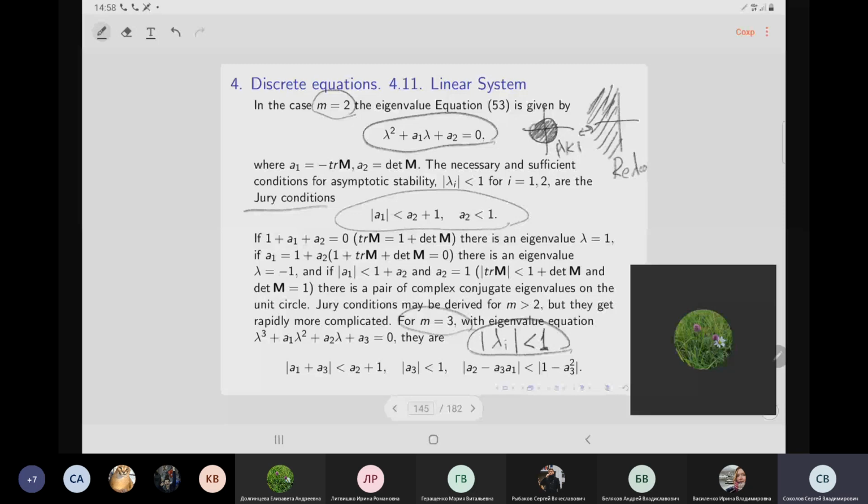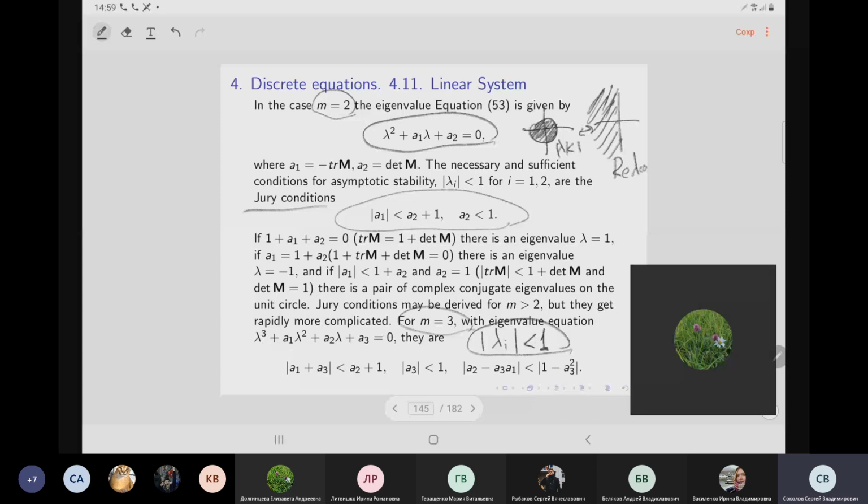So there is a variable change that gives us the new equation.